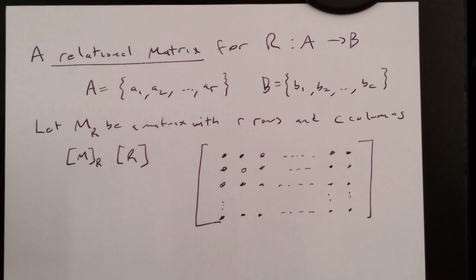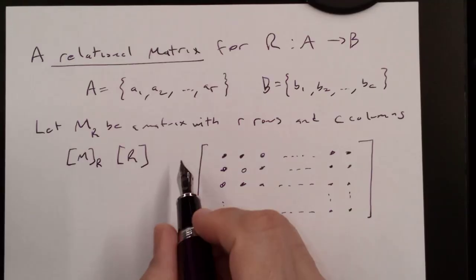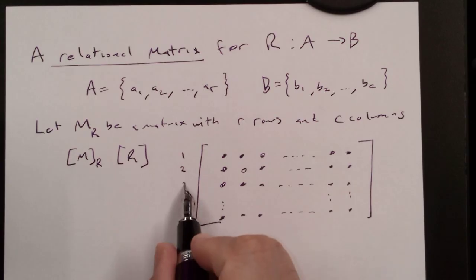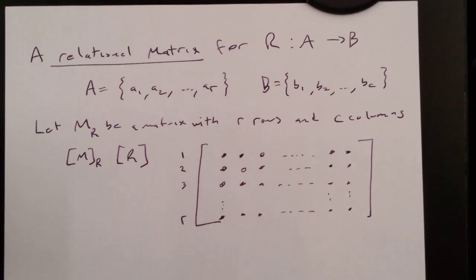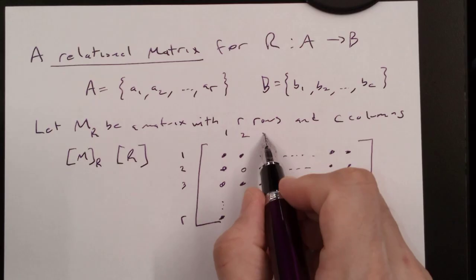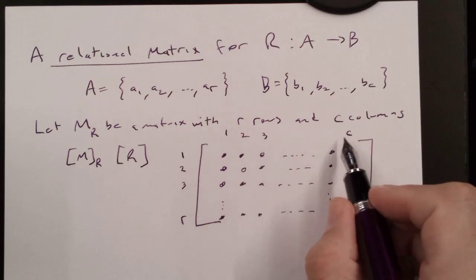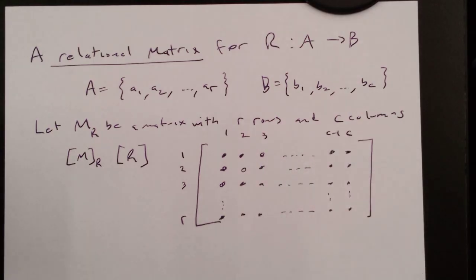All a matrix is, it's a big two-dimensional array. And I can think of indices. I've got row 1, row 2, row 3, all the way up to row R. I've got column 1, column 2, column 3, all the way up to column C. That, by the way, means that one is column C minus 1.